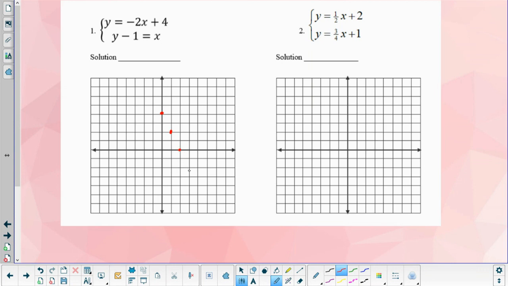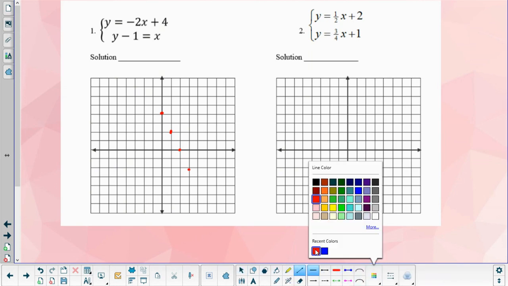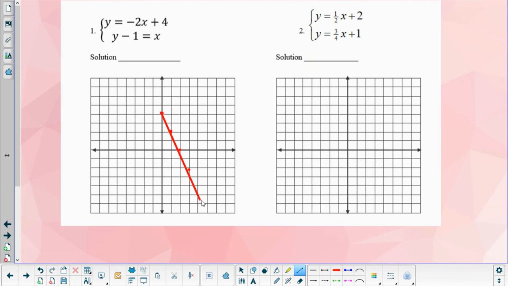I'm going to keep on doing that over and over again, just enough so I have enough to form my line. I'm just going to extend it out just a little bit because I'm not sure exactly where it's going to hit.